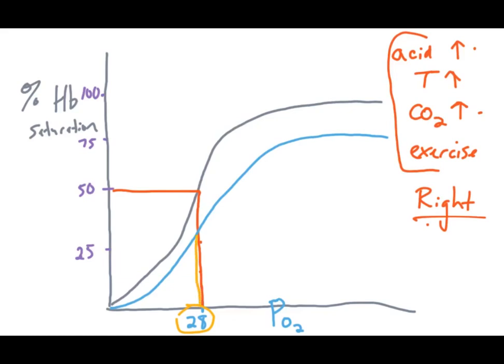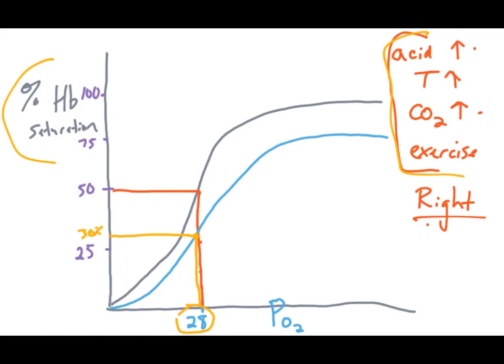We are now going to hit it lower down, and at that same partial pressure, we are going to see that we are dissociating from more of our oxygen. Let's say this is about 30 or so, right? So we're saying that far more of our hemoglobin molecules are releasing oxygen to the tissues. And that's great because we need more of it, right?